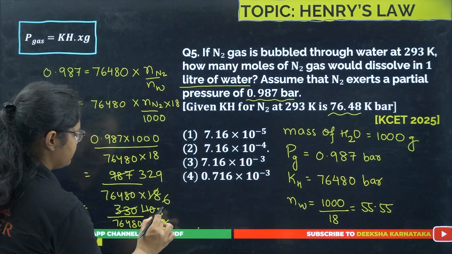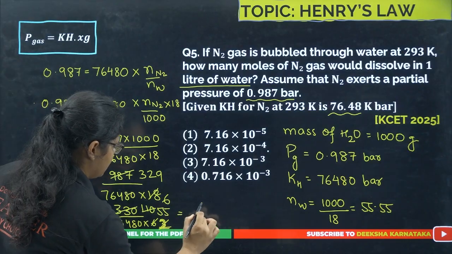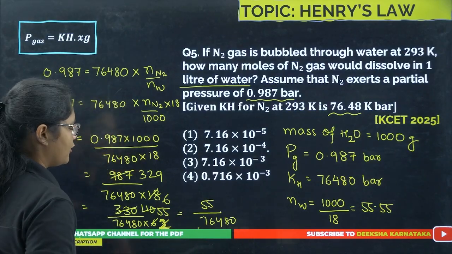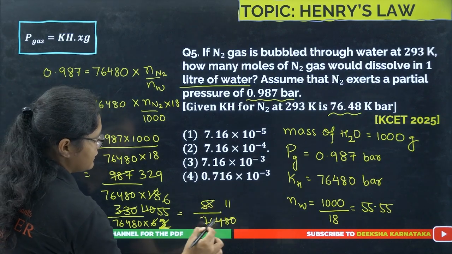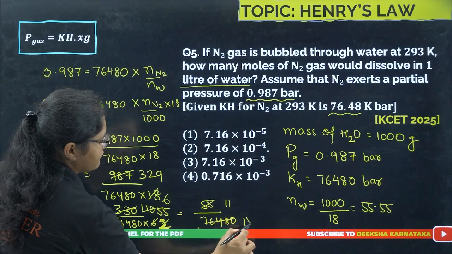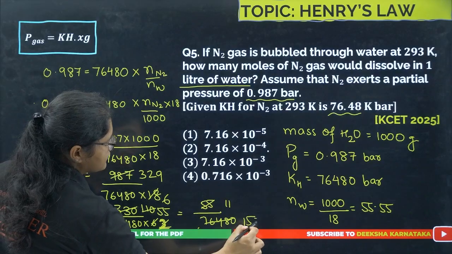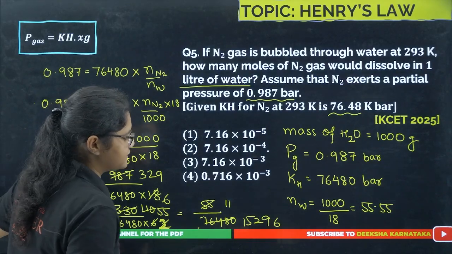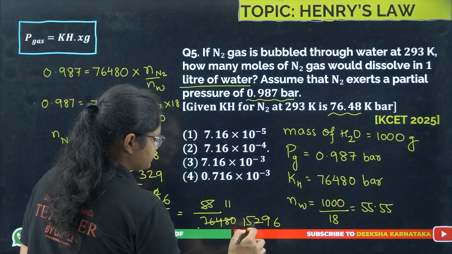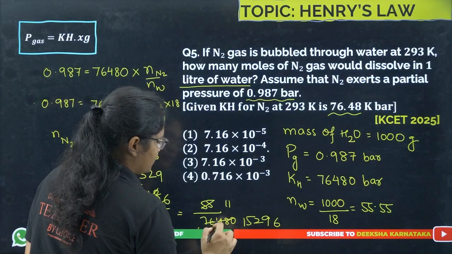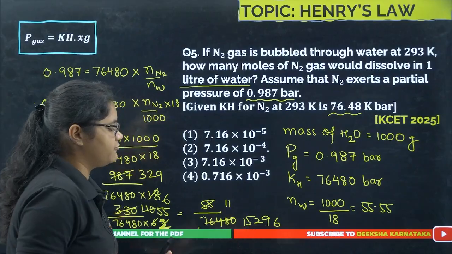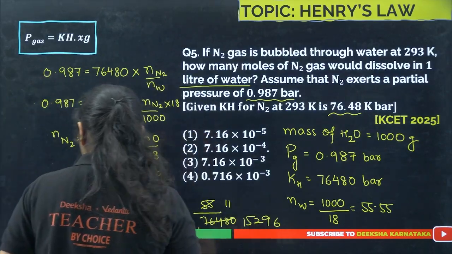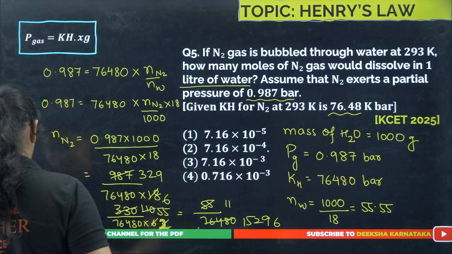Then again I can cancel 55. So I have finally 55 divided by 76480. Again I can cancel with 11, and I got 11 by 15296. Now you have to divide this part definitely. Just a minute.